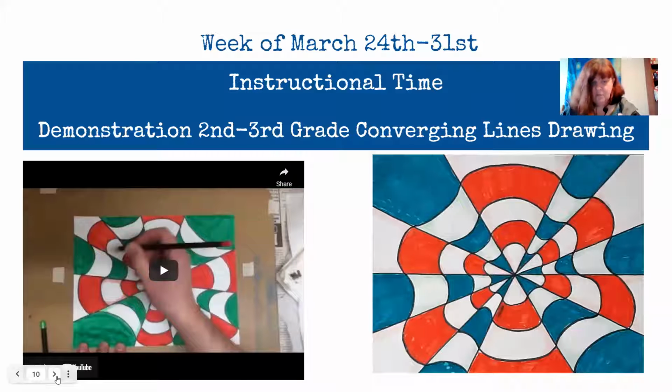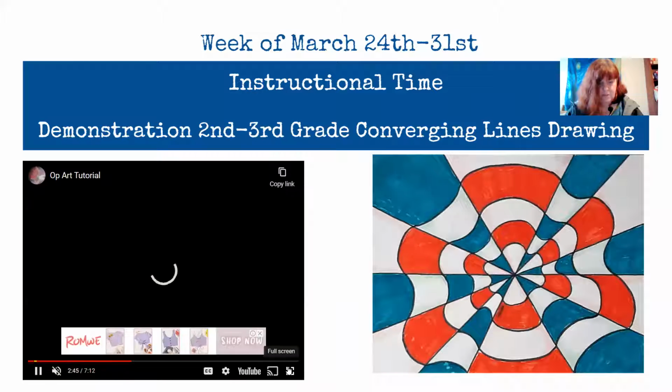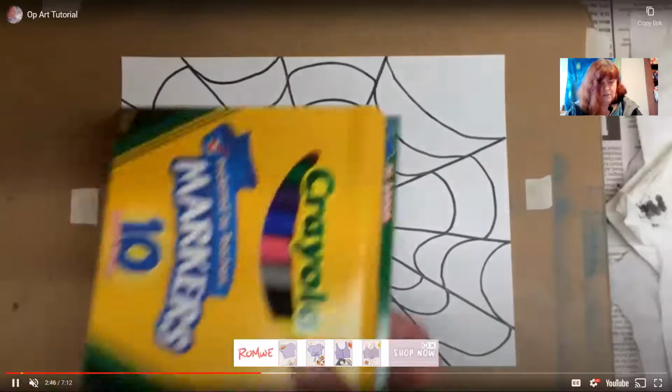Okay, this is kind of a quick review, but basically I showed second and third grade this image here that you guys are creating, and we talked about how to draw it. And this week we're adding color, okay? So I'm going to show you this really quickly, how this artist did the work.